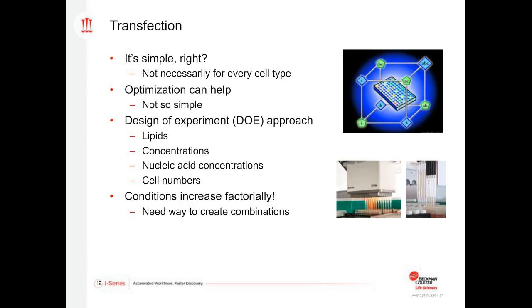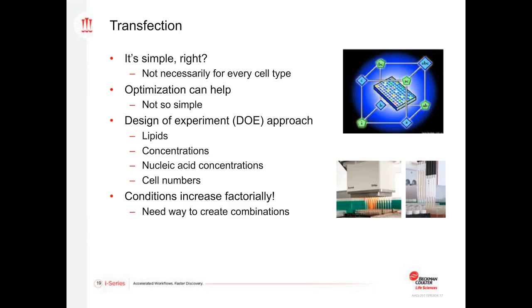And again, this is a nice example of how having the selective tip feature for the multi-channel head really enables some of these, because you can do row-wise or column-wise transfers, as well as any combination you might need. In addition, the other problem is that the conditions increase factorially. So very quickly, as you add more and more conditions, the number of samples you need to test grows pretty dramatically. And we'll show an illustration of that as well.